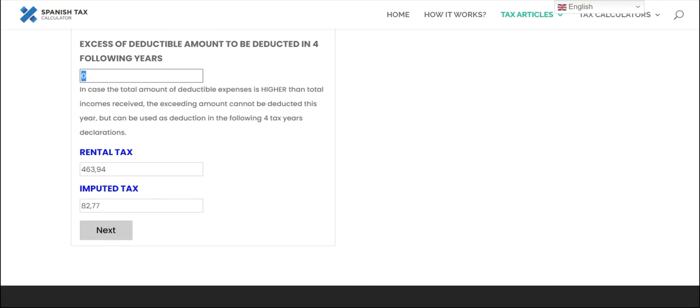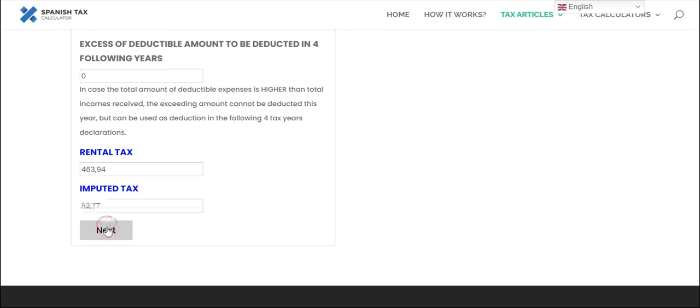Once we get that, the rental tax that you have to pay for the earnings obtained on the property in Spain, being non-resident, will be 463.94, and the imputed tax, which is the income that the Spanish tax system considers the property has when not rented, will be 82.94.